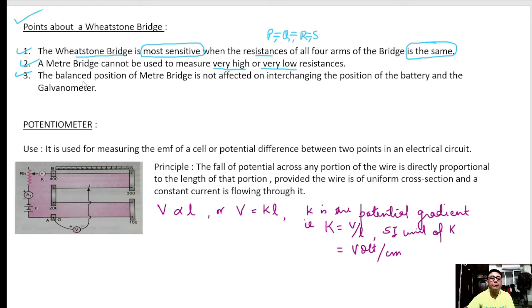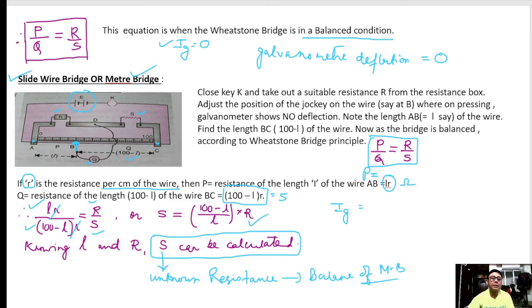Third, the balance position of meter bridge is not affected on interchanging the position of the battery and the galvanometer. That means, if you please watch the diagram, this is the battery, and this is the galvanometer.